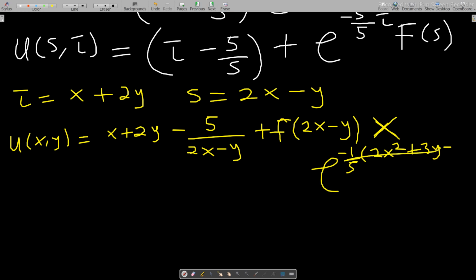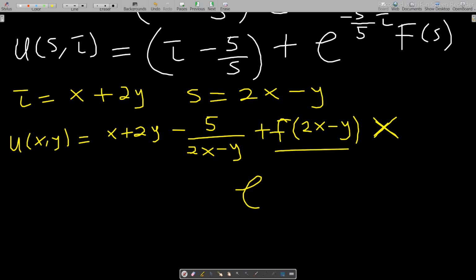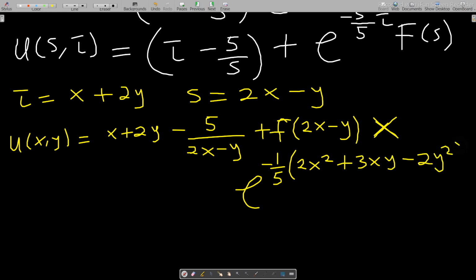This is very small for me, but after that this e to the power something is multiplying only this side. That's why I wanted to write it so you don't get confused. 1 over 5, negative 1 over 5 times 2x squared plus 3xy minus 2y squared.